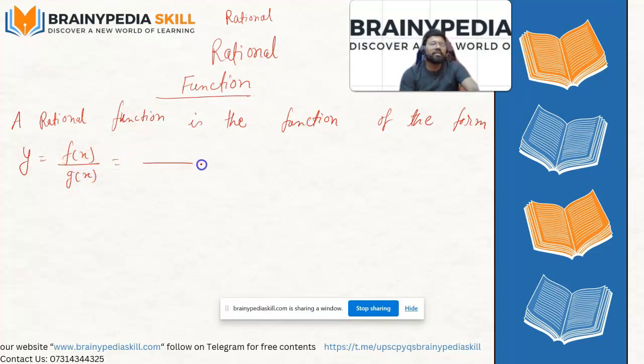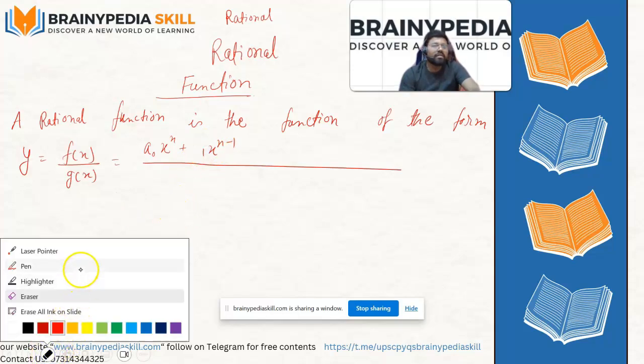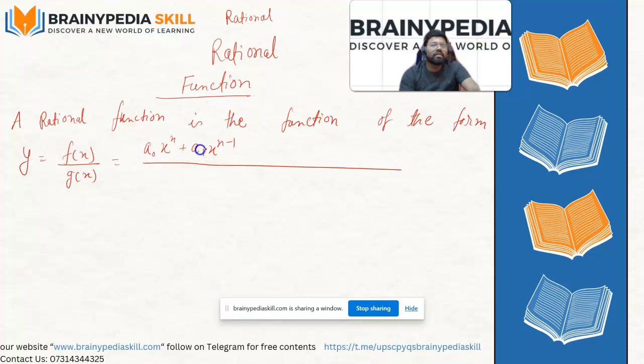That is, let it be a0 x to the power n plus a1 x to the power n minus 1 plus a2 x to the power n minus 2 plus dot dot dot plus an.